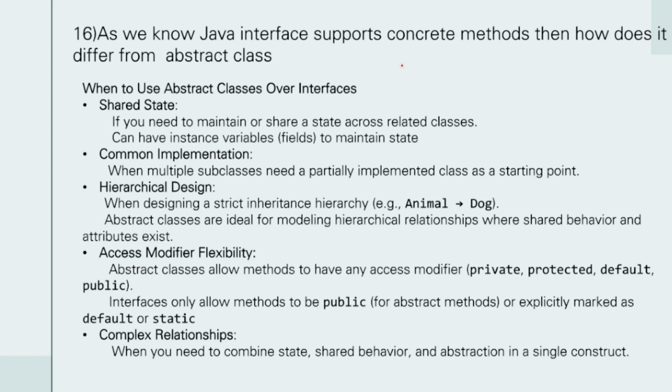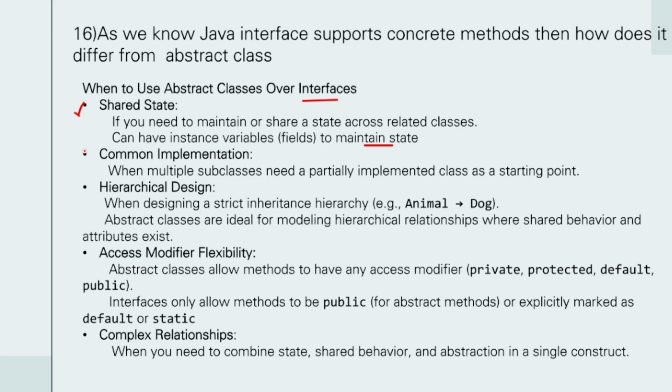So, when to use abstract classes over interfaces. First, abstract classes can have instance variables. So the first point is shared state. If you need to maintain shared state across related classes, you can have instance variable fields to maintain the state.